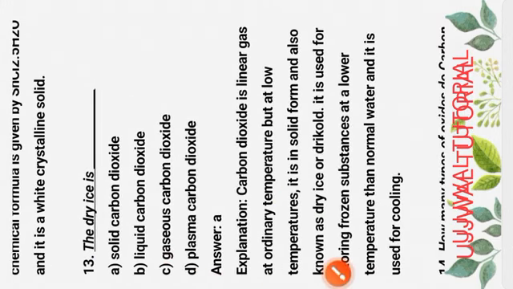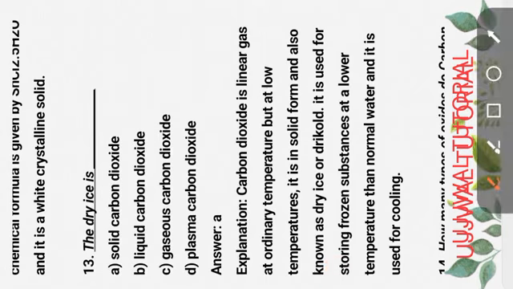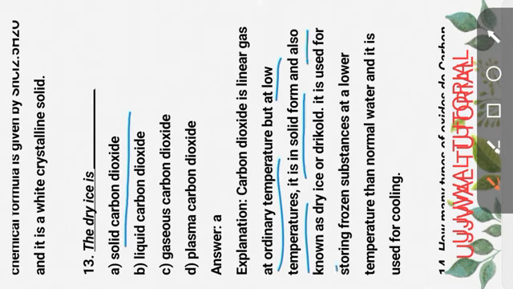The dry ice is option A, solid carbon dioxide. Carbon dioxide, that is CO2, is a linear gas at ordinary temperature. But at low temperatures, it is in solid form, also known as dry ice.